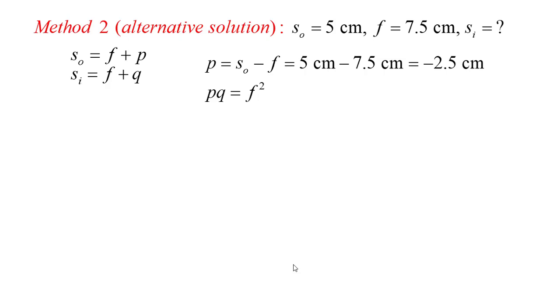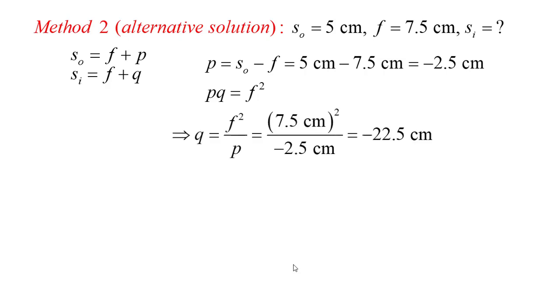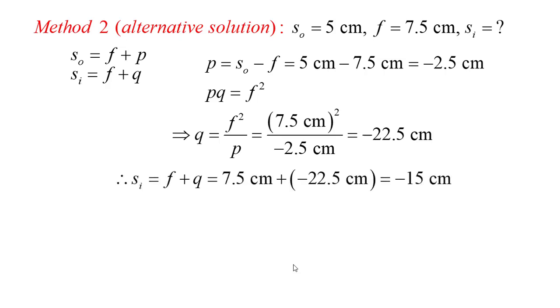We have the alternative formula PQ is equal to F squared, from which Q is F squared over P, which is 7.5 centimeters whole squared divided by minus 2.5, from which we get minus 22.5 centimeters. Because Si is F plus Q, we have 7.5 centimeters plus minus 22.5 centimeters, which gives us minus 15 centimeters, exactly the same result as we calculated using the other lens formula.